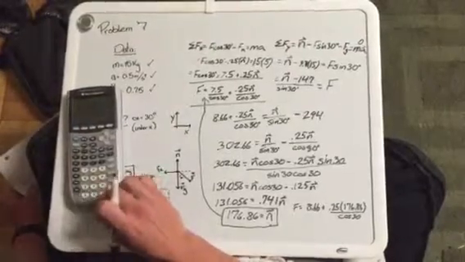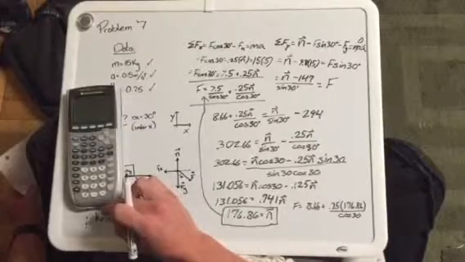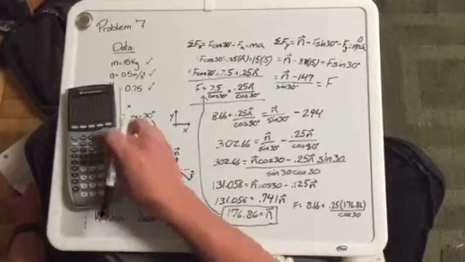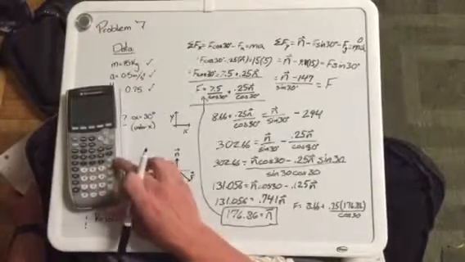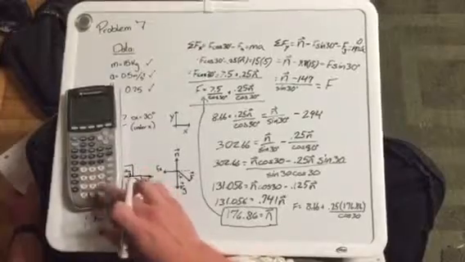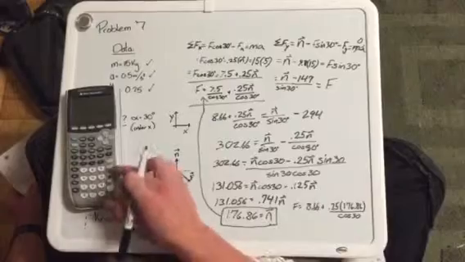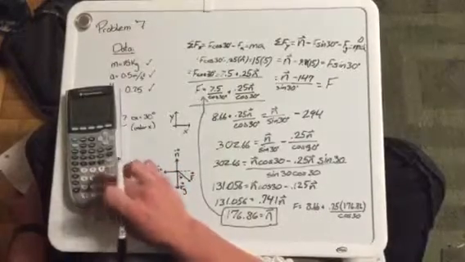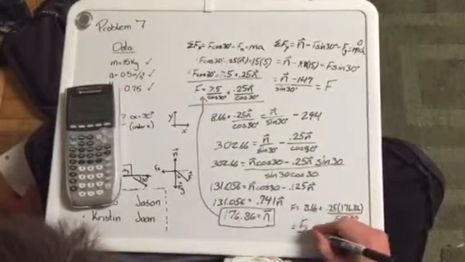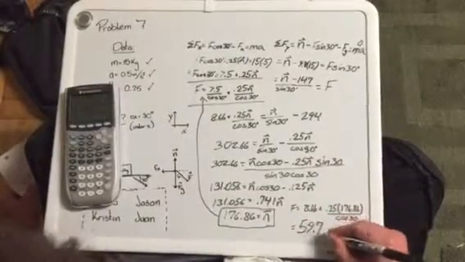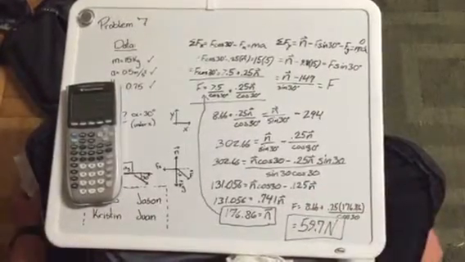So if we calculate that out, and we get 59.7 newtons equals our force. And there you have it.